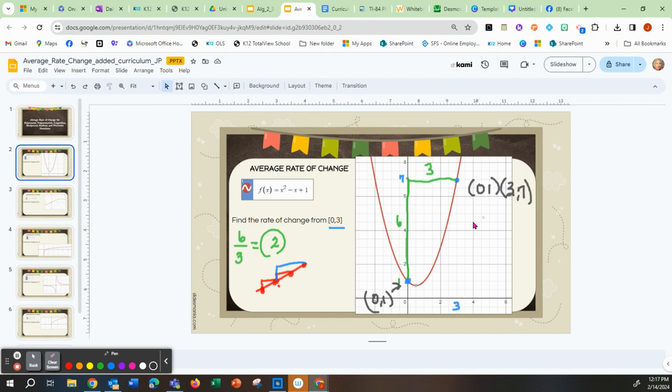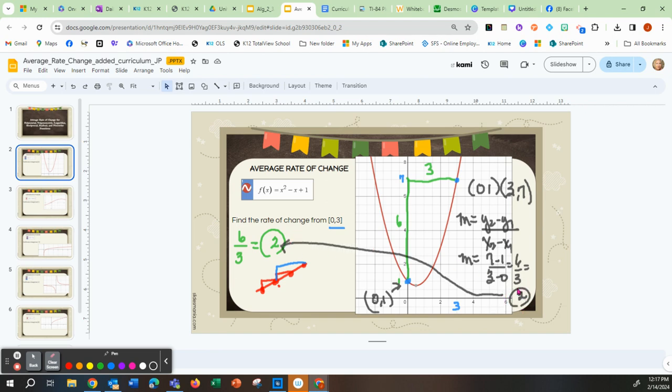And if we do it algebraically, we'll work the slope formula, which is your second y minus your first y, or the change in y, or your rise, over your change in x, which will be your second x minus your first x. So it's going to be 7 minus 1 over 3 minus 0, which is going to give us 6 over 3, which is also 2. So we could do it algebraically.